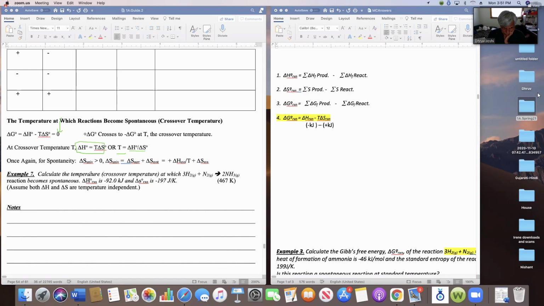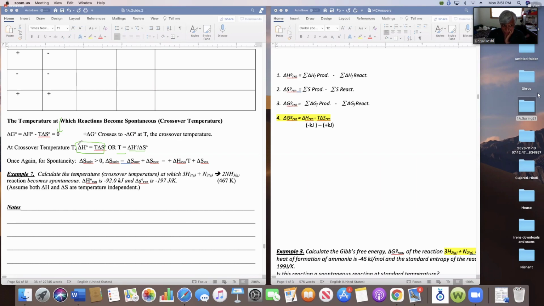Example 7. The crossover temperature, that's what it's called, at which this reaction becomes spontaneous, is to be calculated. The heat of the reaction, the enthalpy of the reaction, is given, not heat of formation, so we can just take it directly.